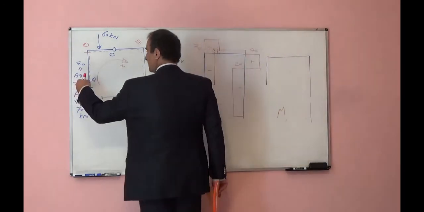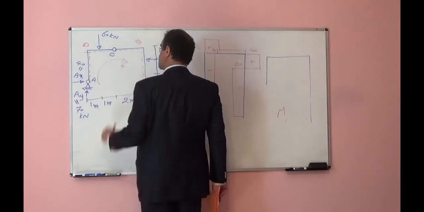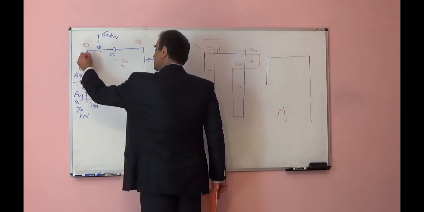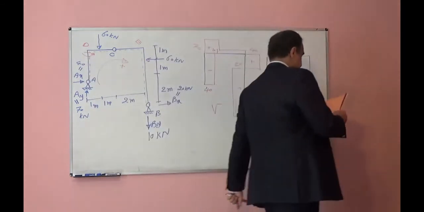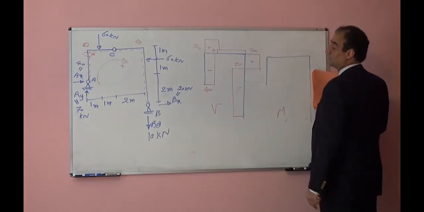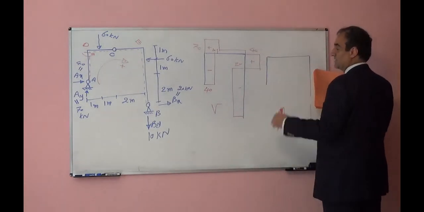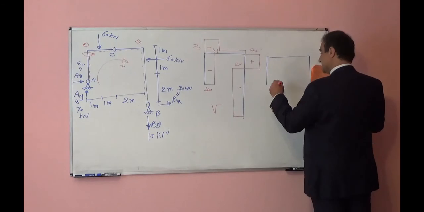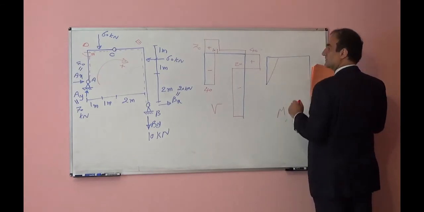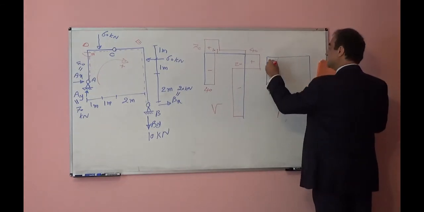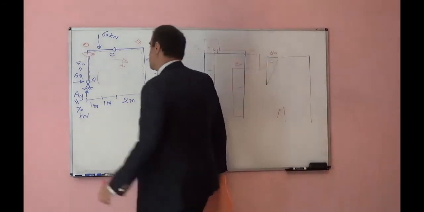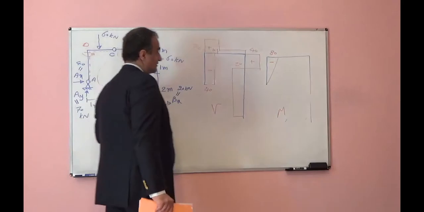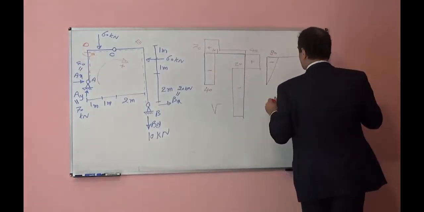It is 40 times the distance, which is 2, and it rotates like this. It creates compression in the dashed line, so it is negative. There is no force from A to D, so the variation is linear. It will be 40 times 2, negative 80. Because this joint D is a rigid joint, you will have the same 80 for the beam.